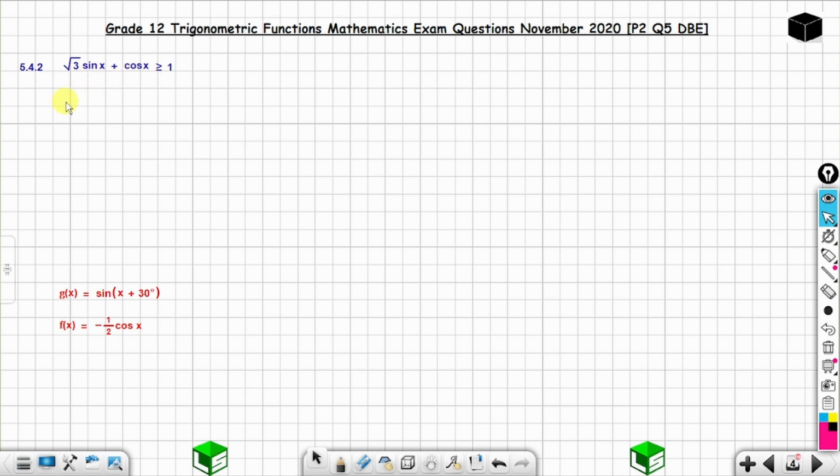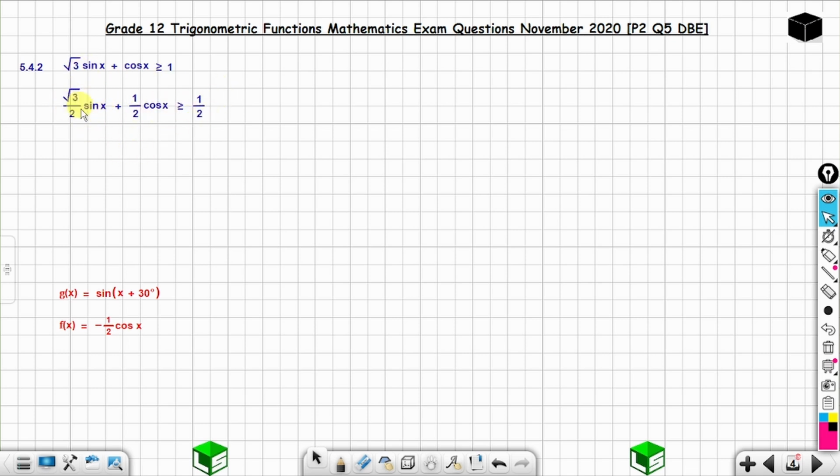You are going to have square root of 3 over 2 sin x plus 1 over 2 cos x greater than or equal to 1 over 2. Divide by 2 throughout. Now, when you see this, what comes to your mind?